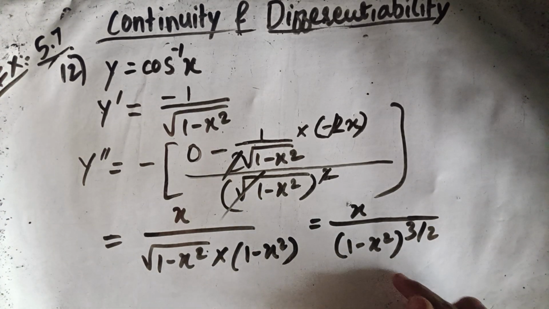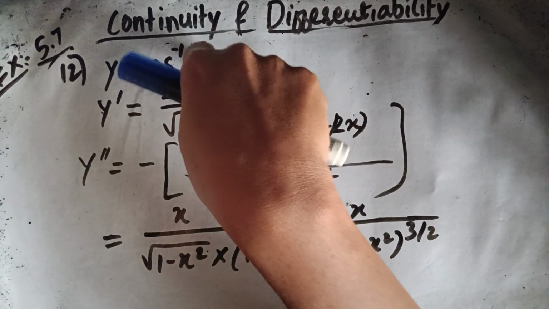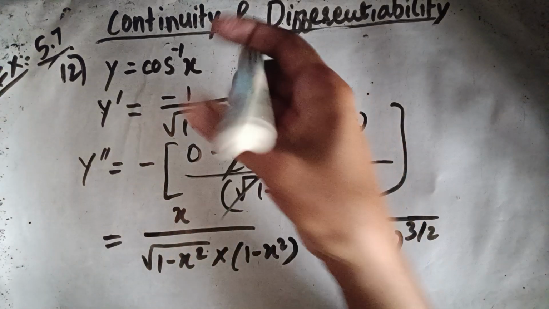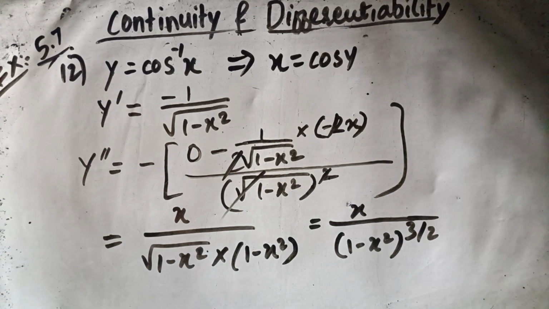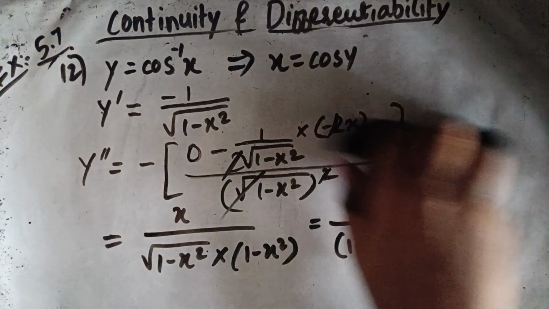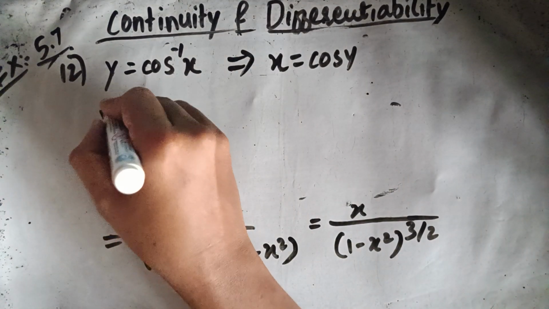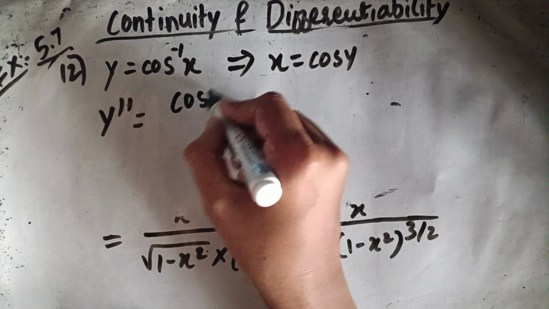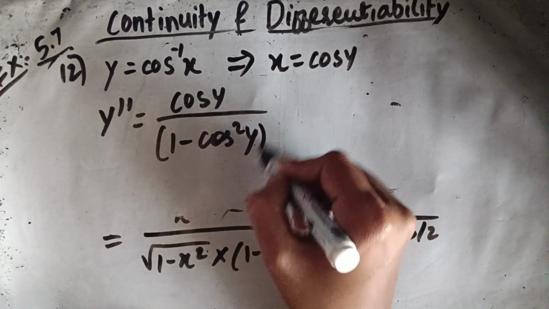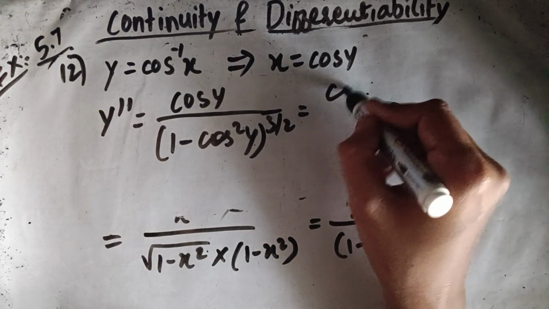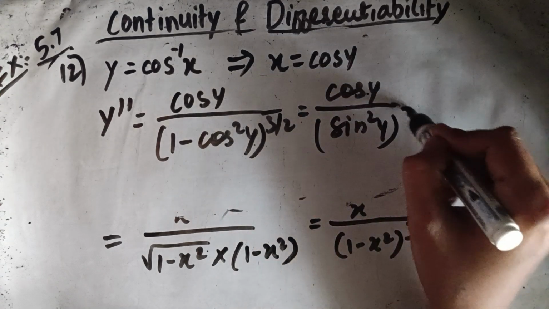Now if you want this answer in terms of y, then you can take this. So your x is cos of y. So you can put this in this formula. So we can write this as cos y upon 1 minus cos square y raised to 3 by 2. So this is 1 minus cos square y, sin square y, raised to 3 by 2.